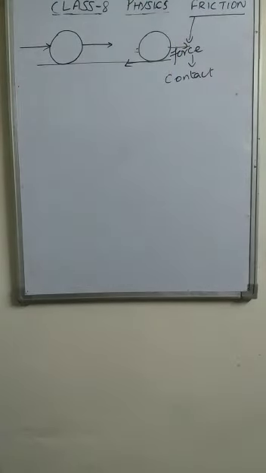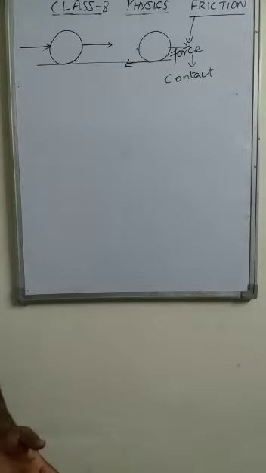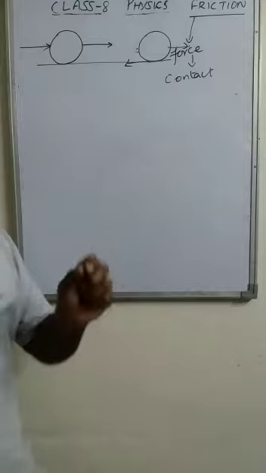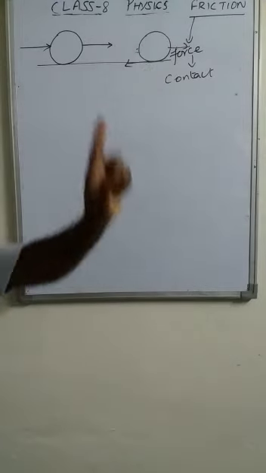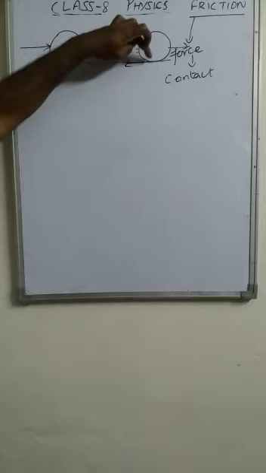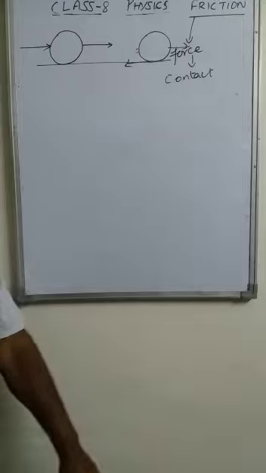So from this example we can define what is friction. Friction is a force acting between two surfaces in contact. It is acting between two surfaces. One is earth, another one is ball.